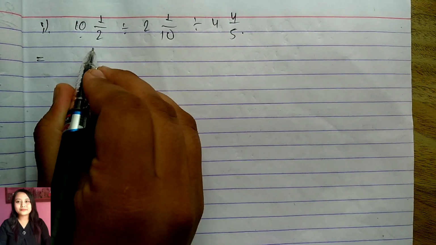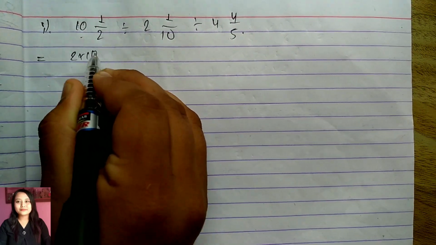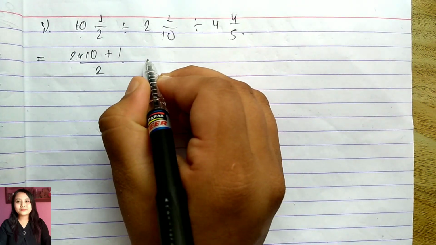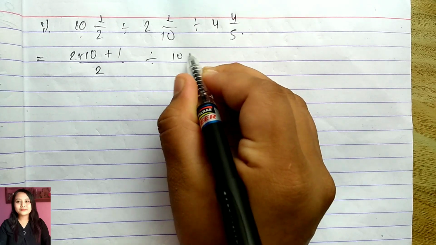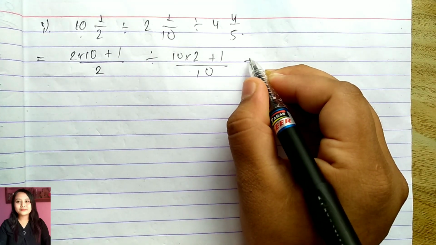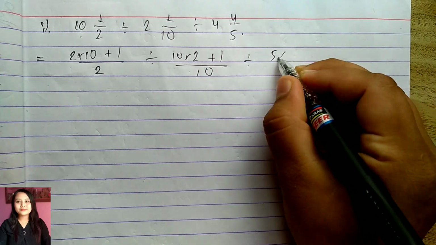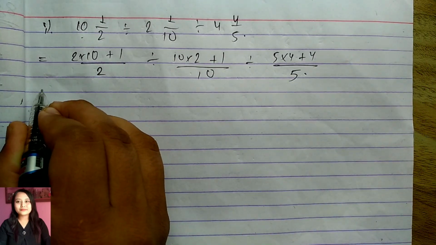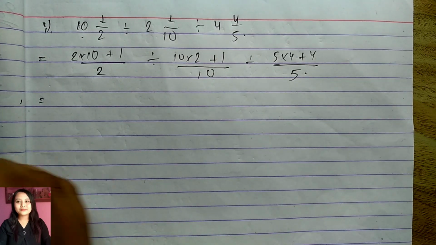For solving the mixed fraction, what we'll be doing is 2 into 10 plus 1 upon the same denominator 2, divided by 10 into 2 plus 1 divided by 10. Similarly, divided by 5 into 4 plus 4 divided by 5. So this will be the opening of the mixed fractions.